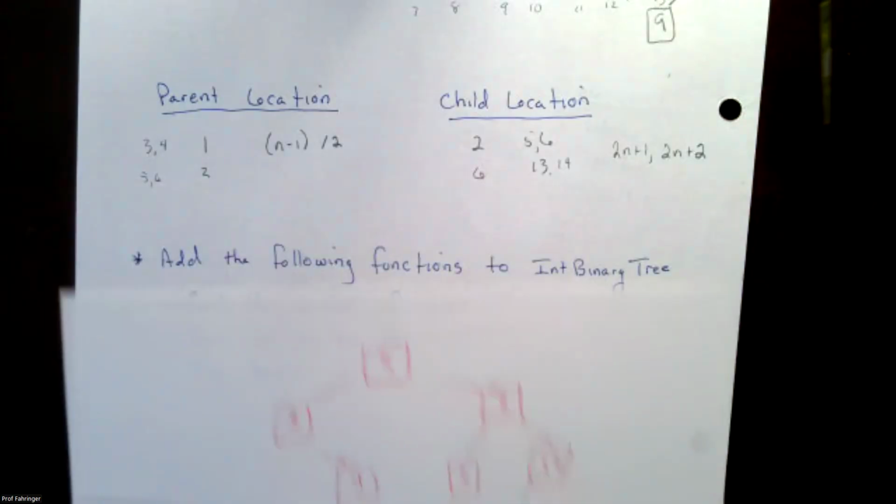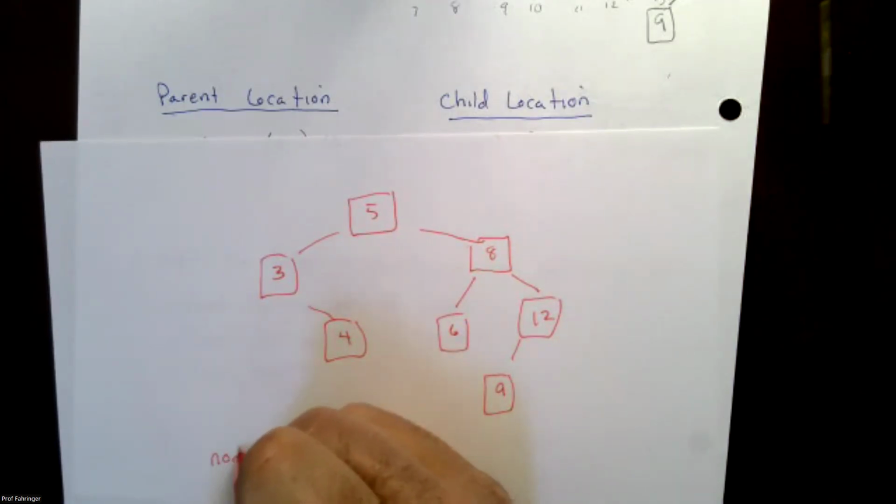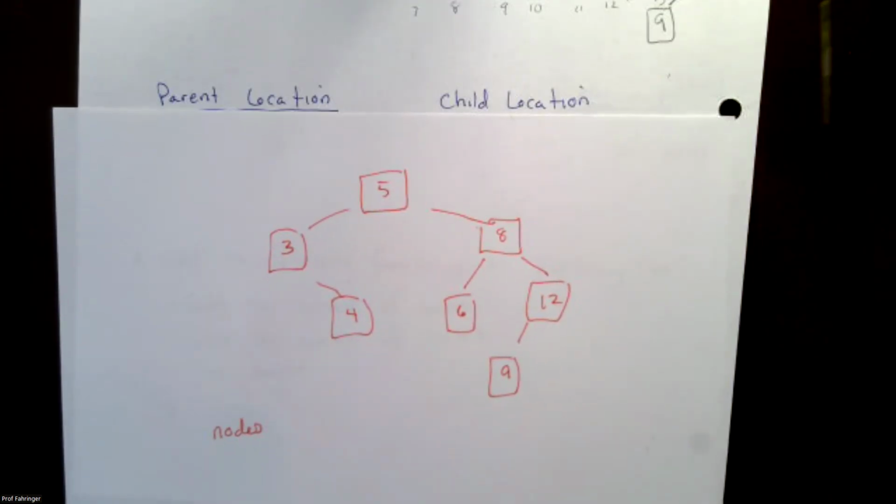And the first one was to count the number of nodes. How many nodes are there? 7. So here's 7 nodes. What ideas would you have to try to figure out how many nodes there are?